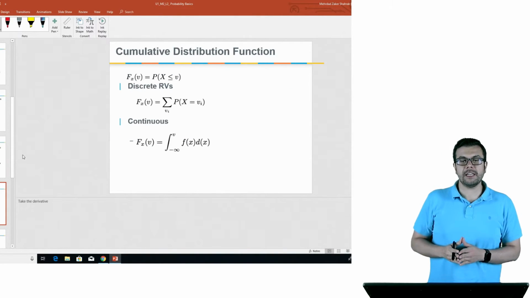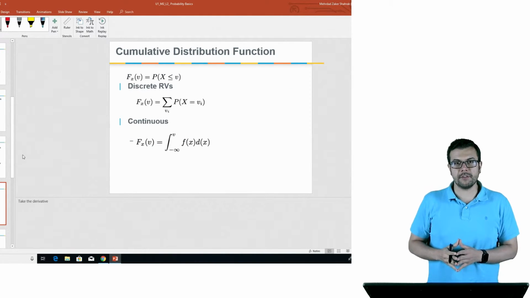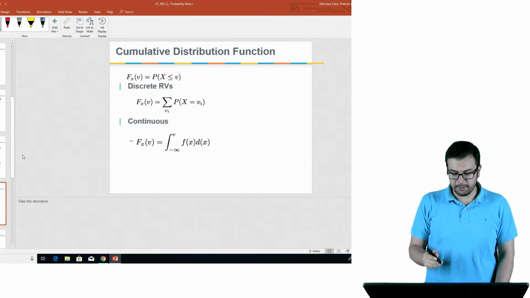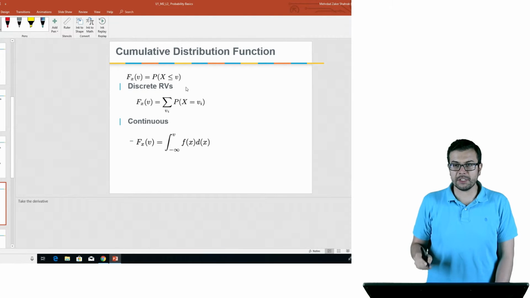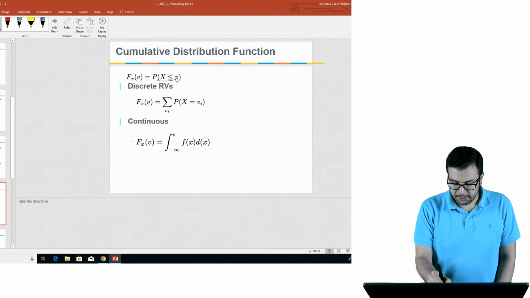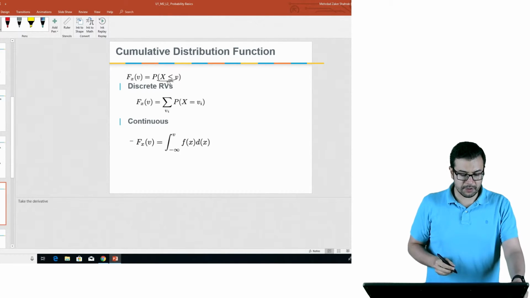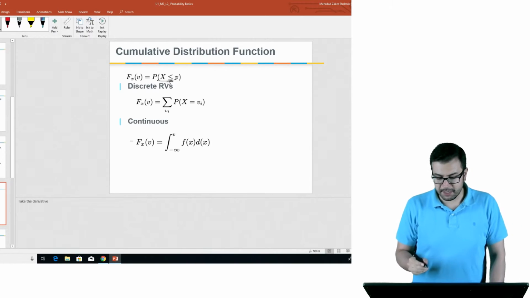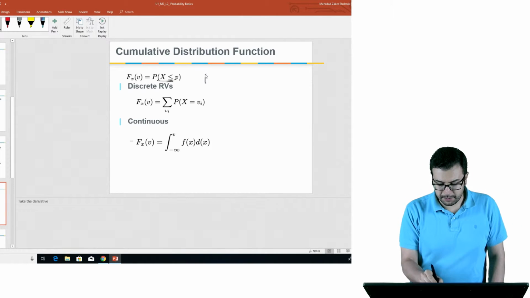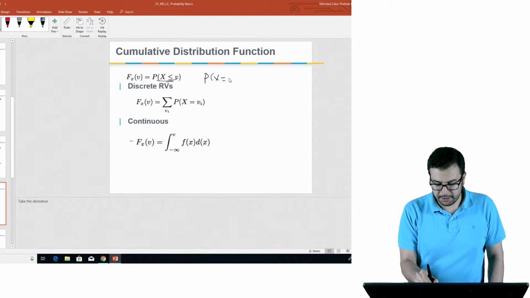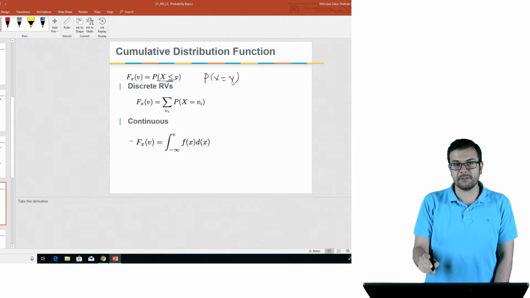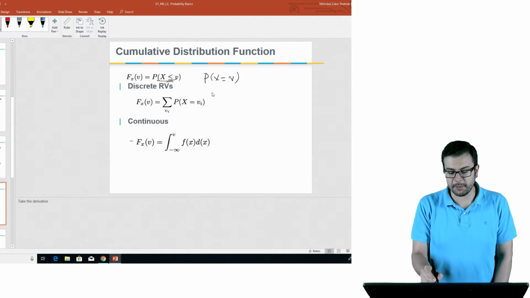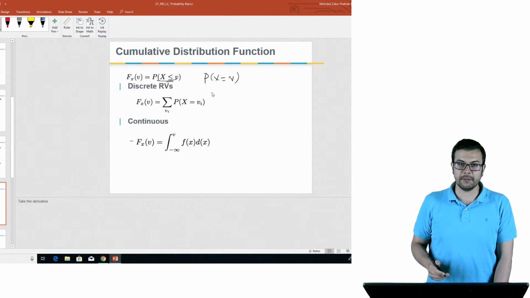Now let's think about a cumulative distribution function, which is when we want to find the probability that some event is smaller than a threshold. So here we're not trying to find the probability of an event being a specific value; we're trying to find the probability that it is smaller than a value.